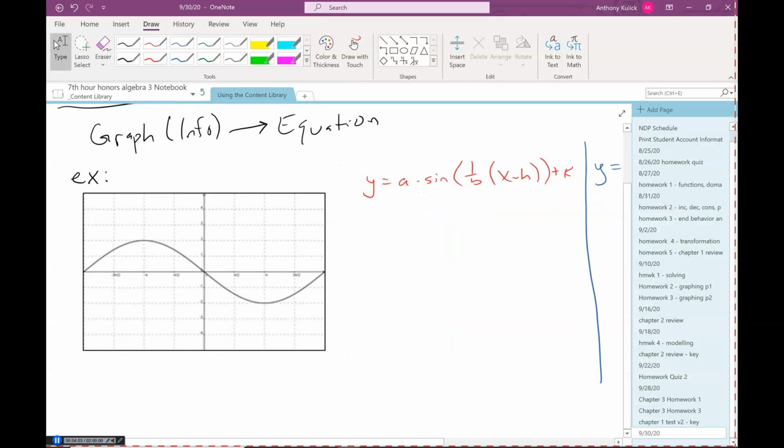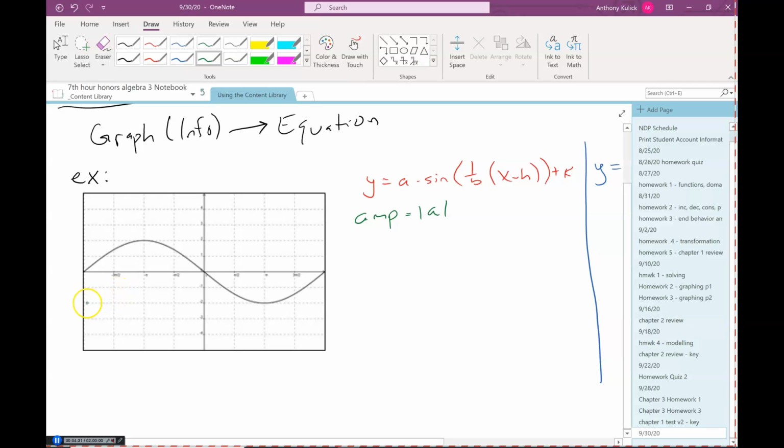Remember, the amplitude is related to the A coefficient, right? This was something we established yesterday. If I can figure out what the amplitude is on the graph, I can figure out the A. Everybody okay with that plan?